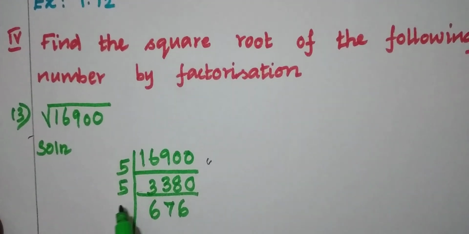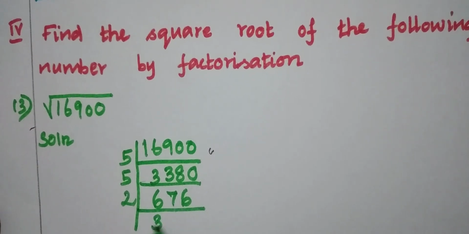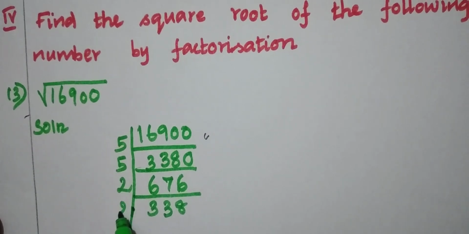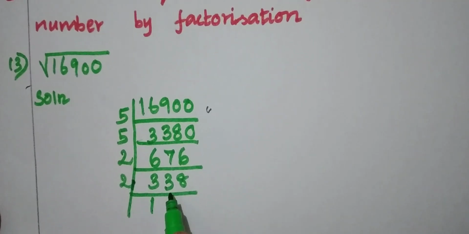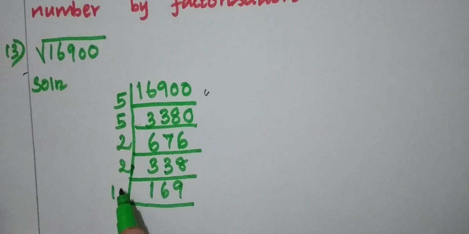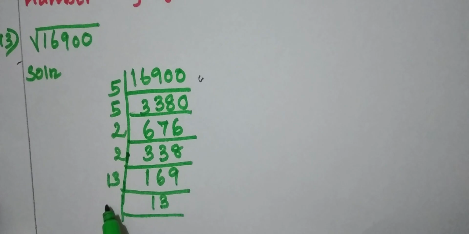Now do it with 2 tables. 3 2s are 6, 3 2s are 6, remaining 1, 8 2s are 16. 1 2 is 2, remaining 1, 6 2s are 12, remaining 1, 9 2s are 18. 169 you know very well, this is 13 13s are 169.